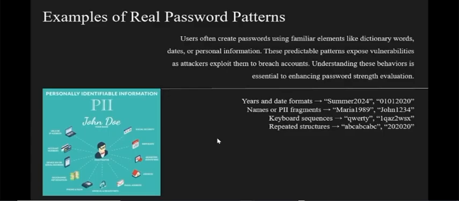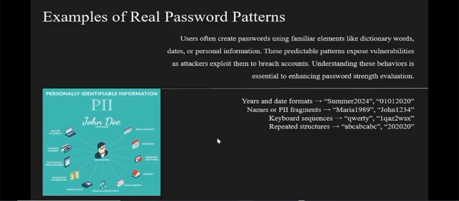In these slides, we are going to talk about examples of real-world patterns. Large password leaks show very consistent human habits. People love using dates like summer 2024 or 0101 2020. Names also show up consistently, Maria 1989, John 1234, and other similar fragments.